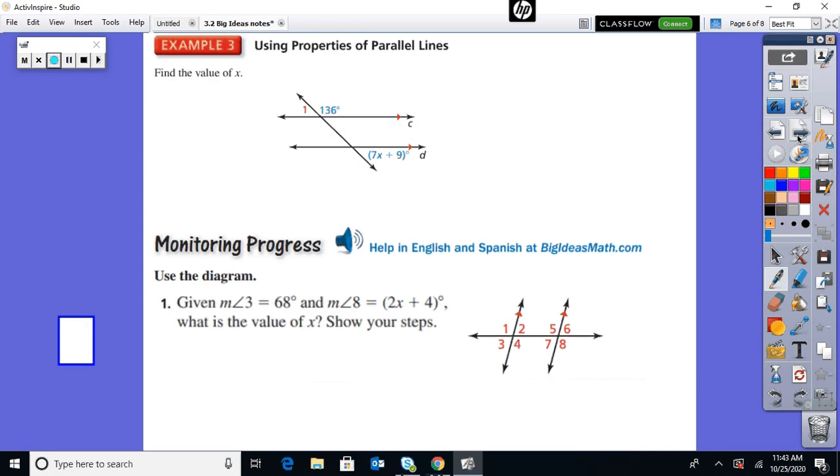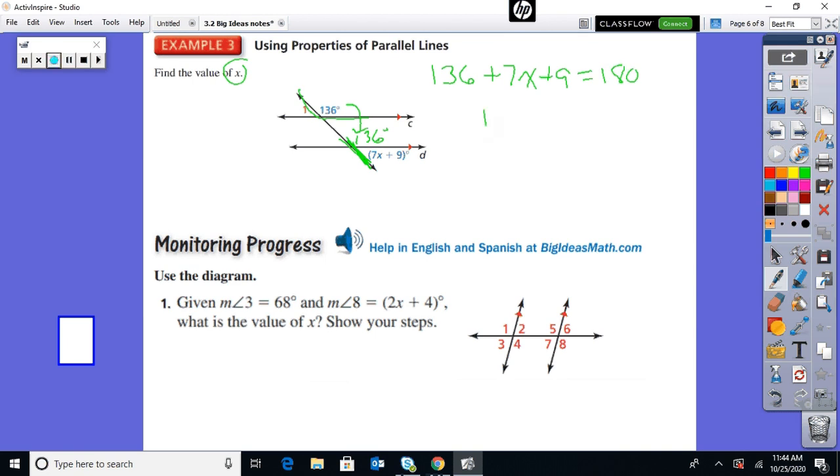Example 3. More fun stuff again. Find the value of x. You've got 136 degrees, so you could bring that corresponding angle right here, 136 degrees. And now they make a linear pair. So 136 plus 7x plus 9 has to equal 180.